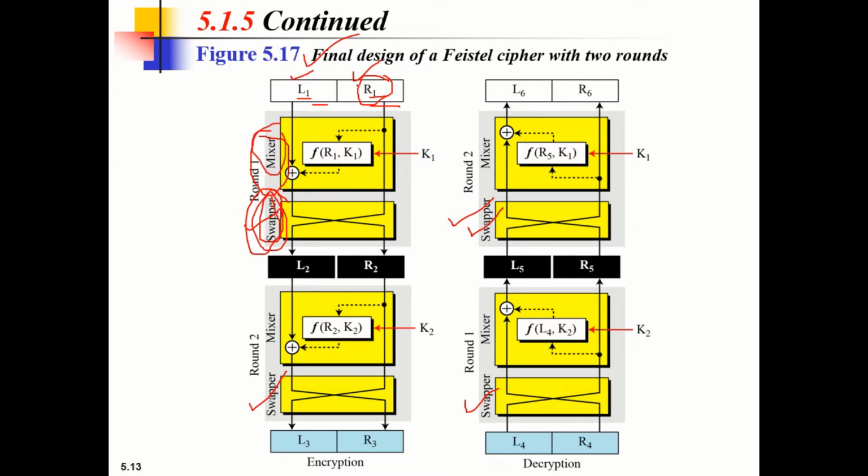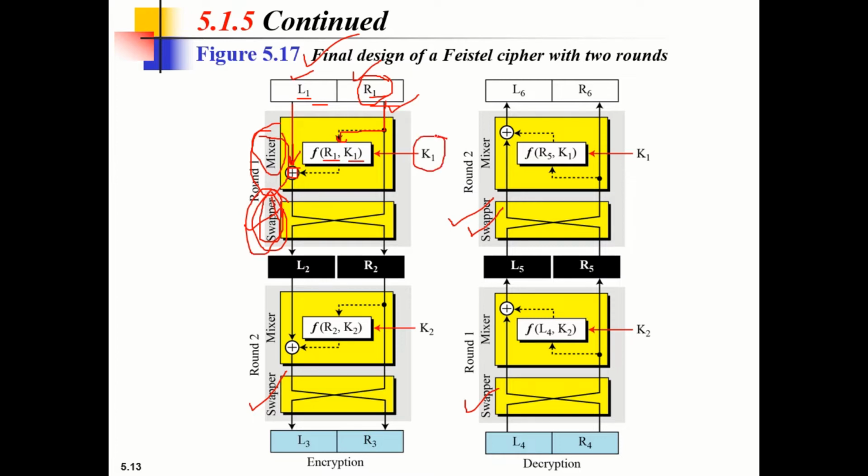So now how is this R1 included in the process? We can see from here that this L1 goes to this XOR operator, okay, and this R1 goes to the function, and this function is performed using R1 and this key K1.